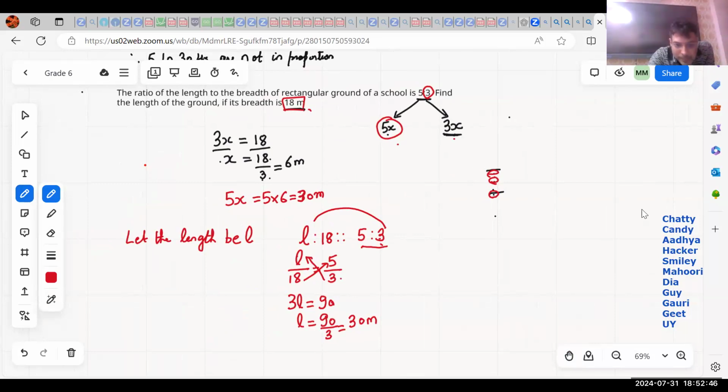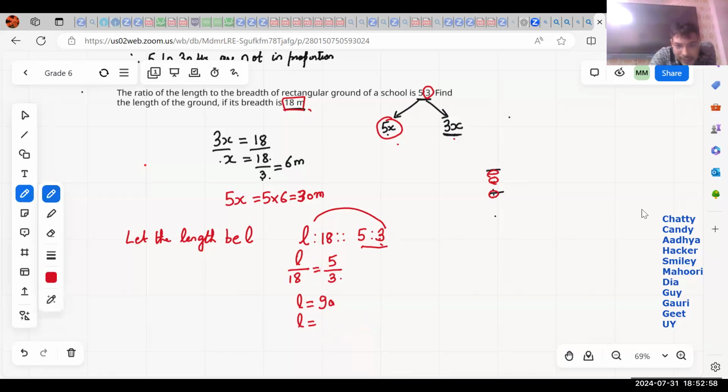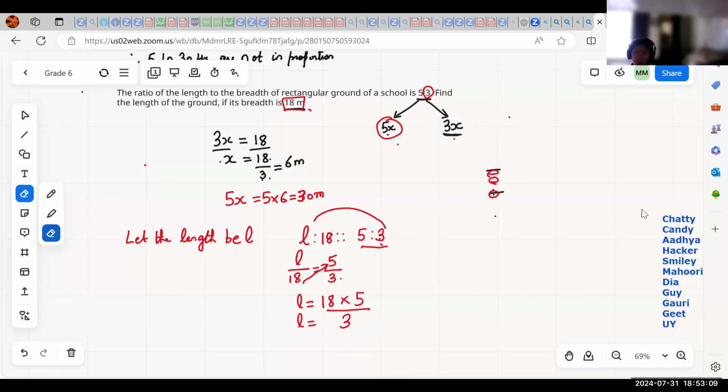I can cross multiply. I think I did not even need to take 3 to the other side. So this will be equal to 90 upon 3 directly, because 3 will stay there. So I can just take 18 to the other side. It will become 18 into 5 divided by 3. So we have to do all that to solve the question.